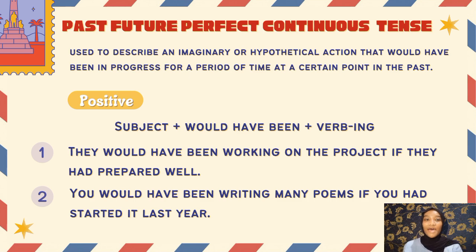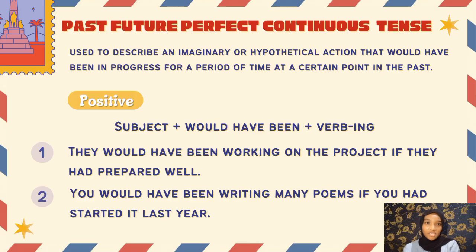Last is past future perfect continuous tense. The past future perfect continuous tense is used to describe an imaginary action that would have been in process for a period of time at a certain point in the past.